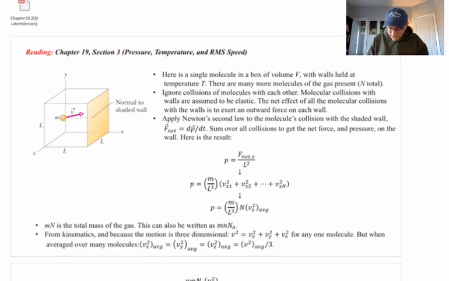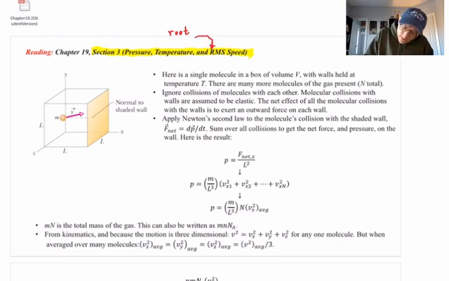We'll start with section 3 in chapter 19, where we're going to relate the pressure of a gas, certainly something measurable with a pressure gauge, the temperature of a gas, measurable with a calibrated thermometer, and what's called RMS speed. Now that's already our first bit of technical jargon. RMS is an acronym where the R stands for root, as in square root.